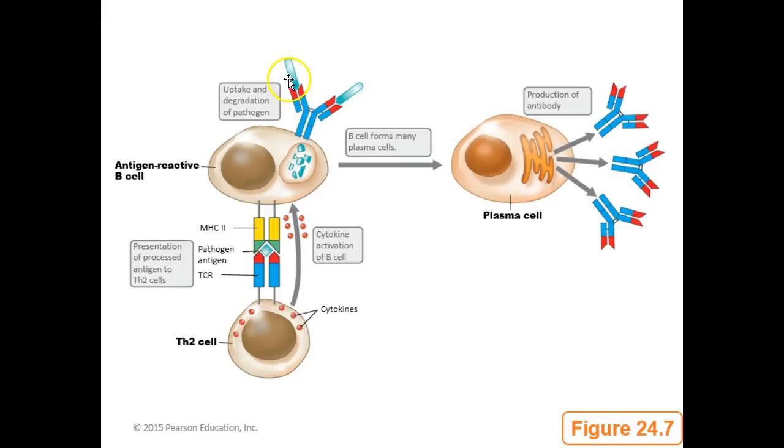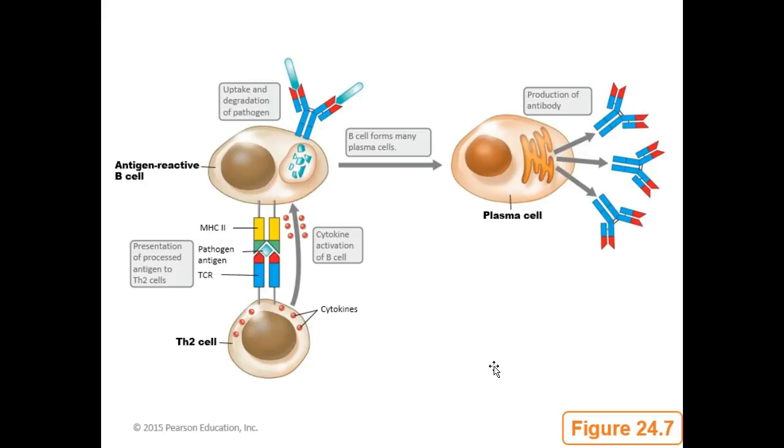And only if there's recognition between the foreign material and this receptor, it will then be induced to take the whole protein complex, including the foreign material, inside the cell, where the foreign material is broken down and then presented in class 2 MHC. So the B cell is its own antigen-presenting cell, right? And it's class 2 MHC because it's taking stuff from outside and presenting it versus stuff that was grown on the inside.